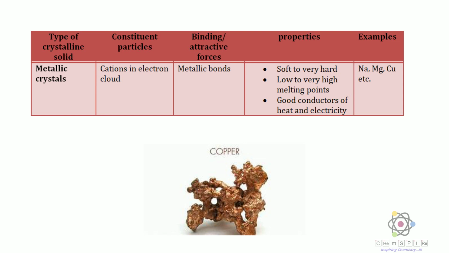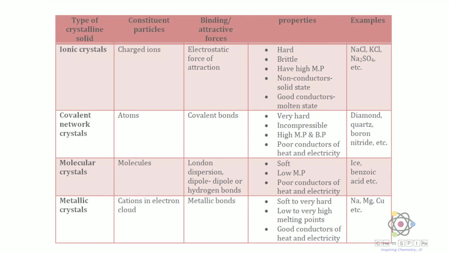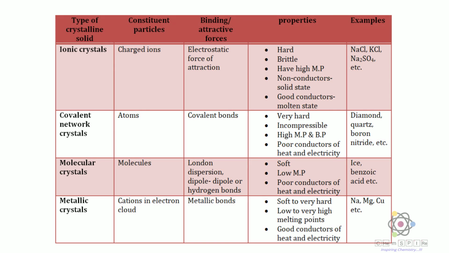They are good conductors of heat and electricity. Examples are metals: sodium, magnesium, copper, etc. This is the table which summarizes all the types of crystalline solids and their properties in detail.